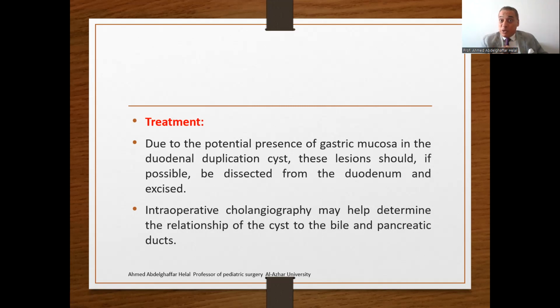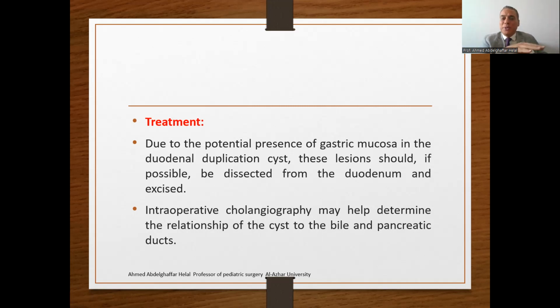The pediatric surgeon should also ascertain whether this duplicated part is attached to the vertebral column or spinal canal, whether there is a communication, a neuroenteric cyst, and whether it is attached to the biliary or pancreatic ducts or not. So please investigate the child very well.